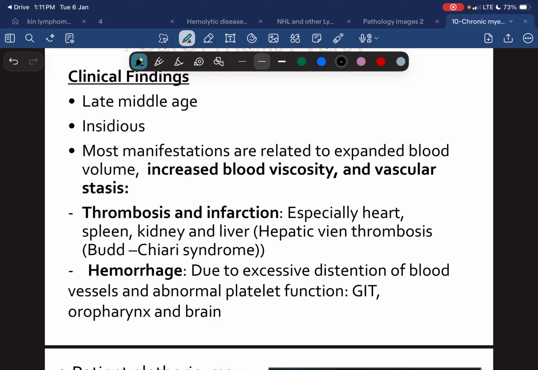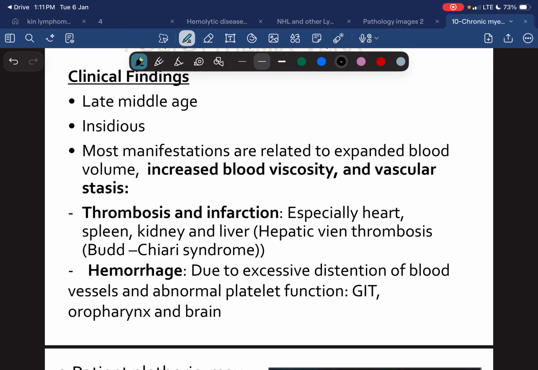Patients with polycythemia vera may present with lethargy, redness and warm sensation due to increase in the blood volume, headache, weakness, and hypertension, and pruritus, especially after hot baths, due to degranulation of basophils and release of histamine from the basophils.